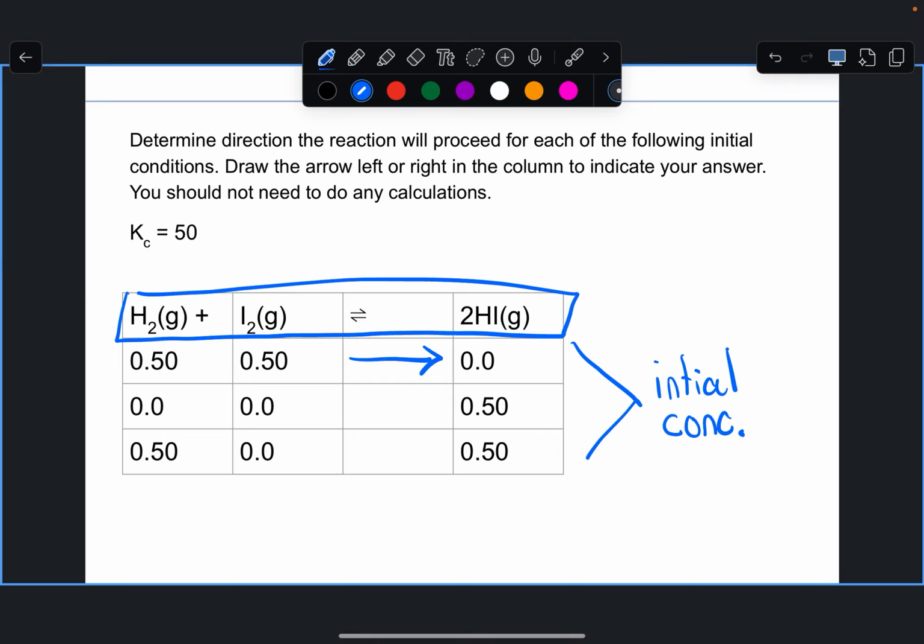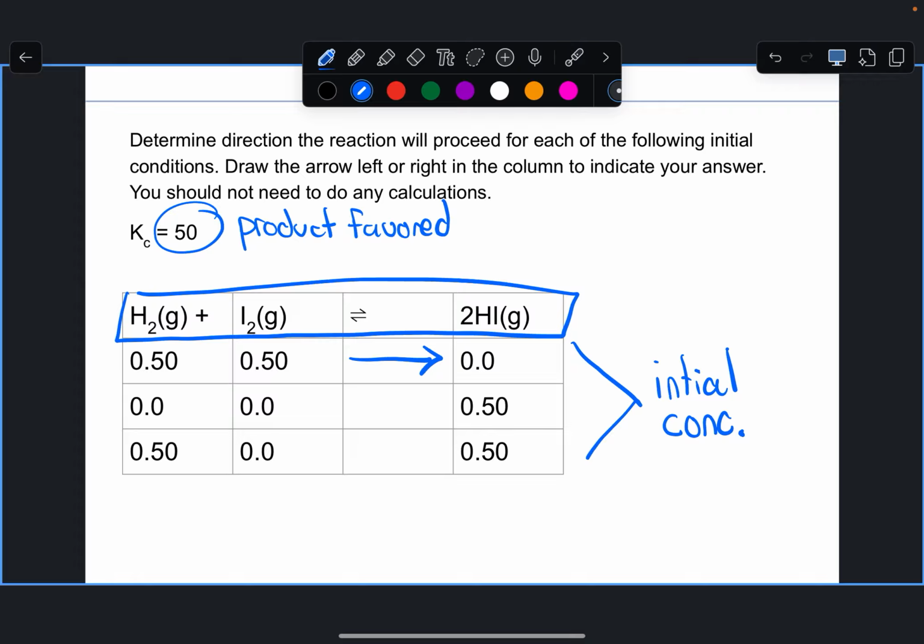But what about if we have something like the middle one? What about if we've got this reaction, it has a particular K, what about if we stick the product in a container? Is it just going to sit there? Like, oh, I already am a product, I already made what I'm supposed to make. No, because there's a balance point for this reaction. It's 50, which is product favored, right? That 50 means it should be 50 parts product for every 1 part reactant.